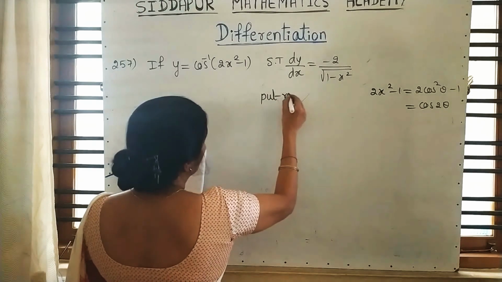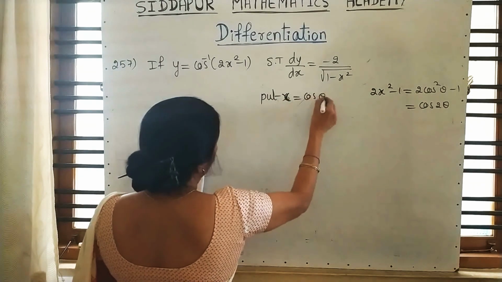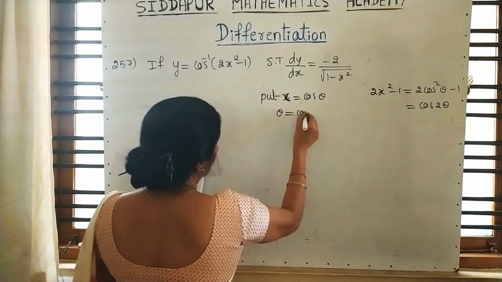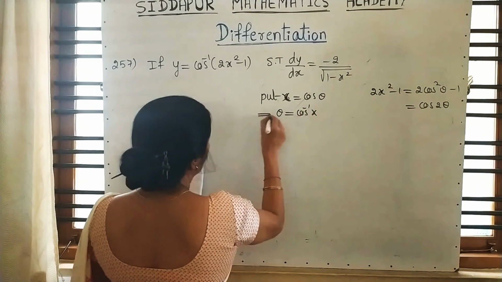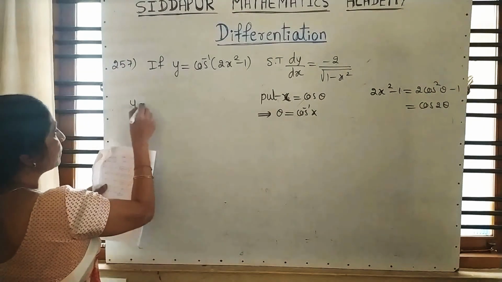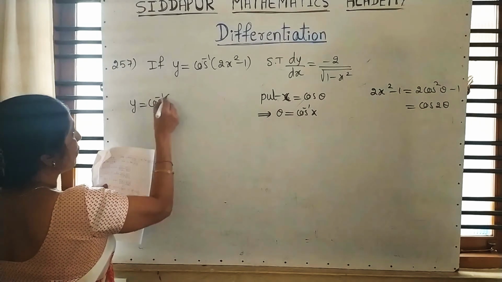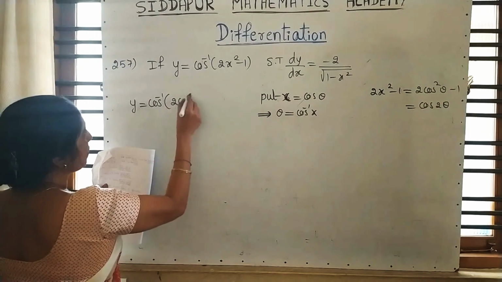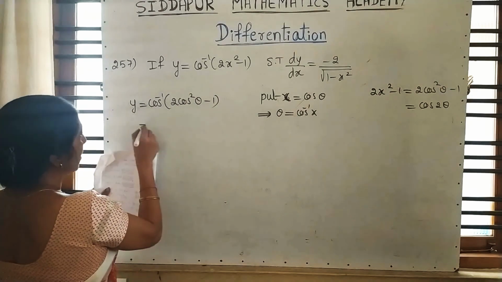Put x is equal to cos theta. Theta is cos inverse x. y is equal to cos inverse of 2 cos square theta minus 1.